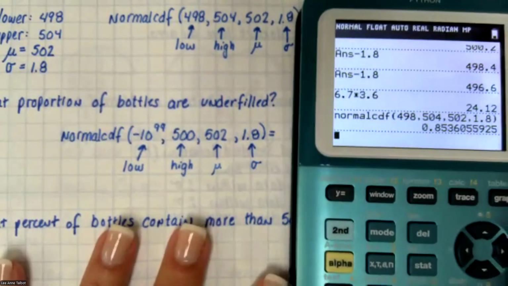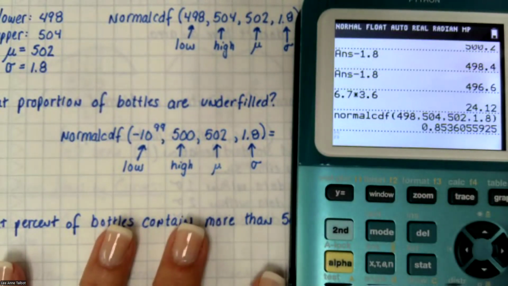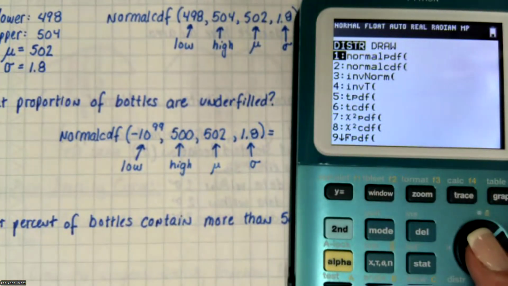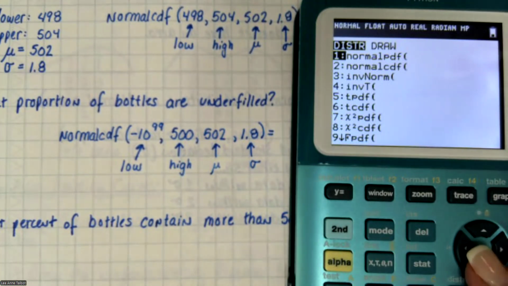So I'm going to remind you guys, second var, so it gets you into the distributions menu. And as you know, we do a lot of distributions in this class.